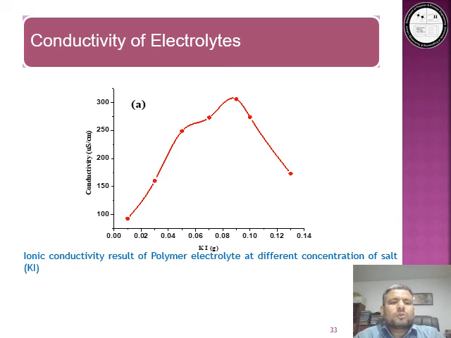However, it can also be observed that the conductivity decreases at higher salt concentration due to ion cluster formation. Saturated solution shows maximum conductivity; as the concentration of salt further increases from the saturation limit, it will not dissolve and remains as a cluster, which reduces the ionic conductivity of the solution.